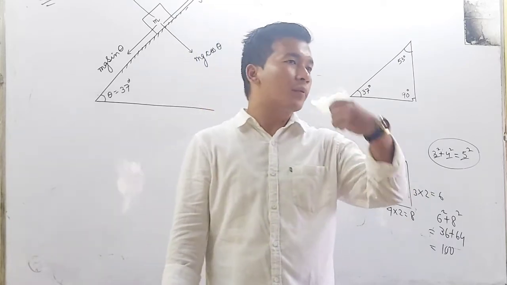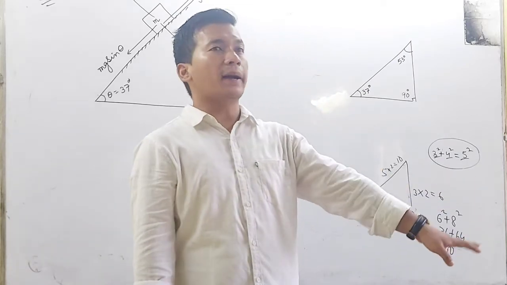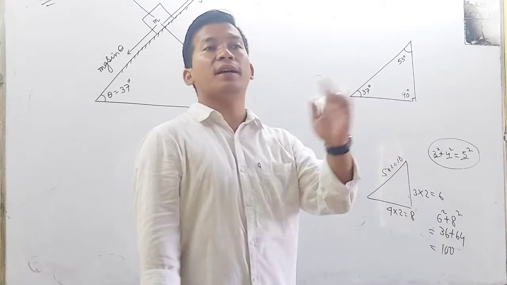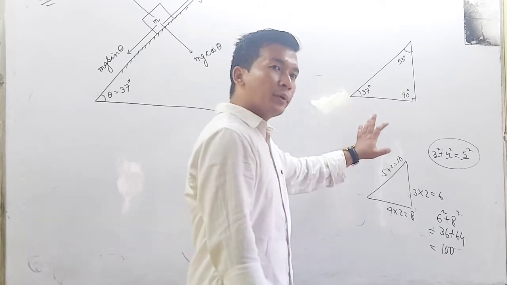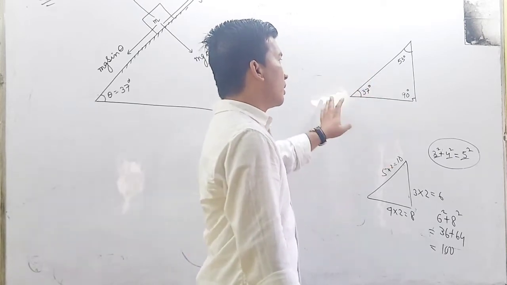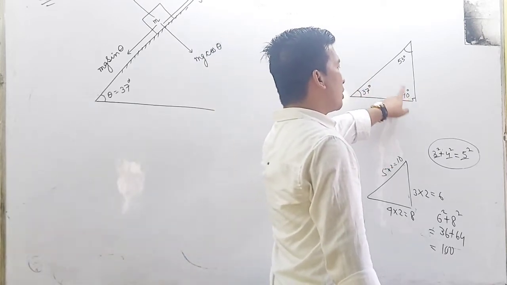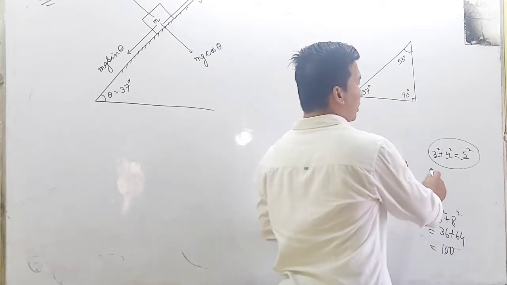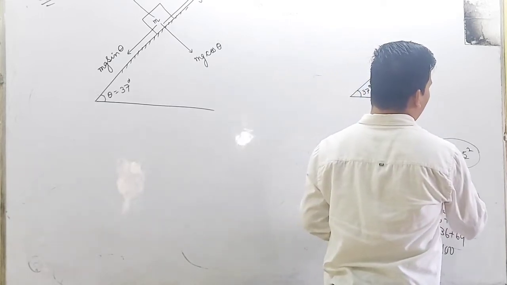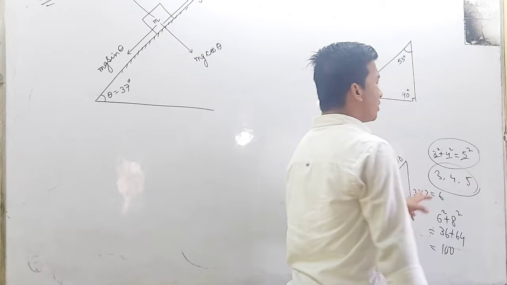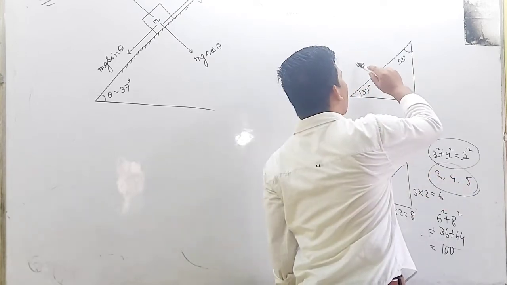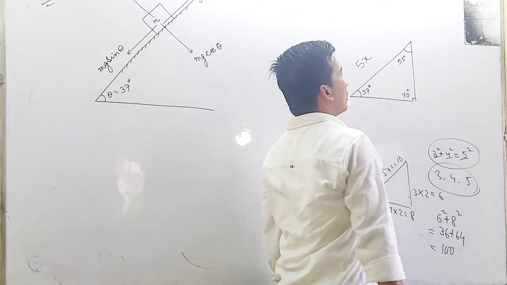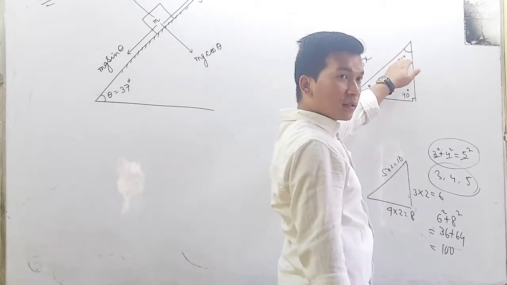Whatever you multiply or divide by, it must be applied to every side. Now we will extend this concept. Among 3, 4 and 5, which one is the greatest? 5. Your hypotenuse will be represented by the greatest value, because this is the longest side.